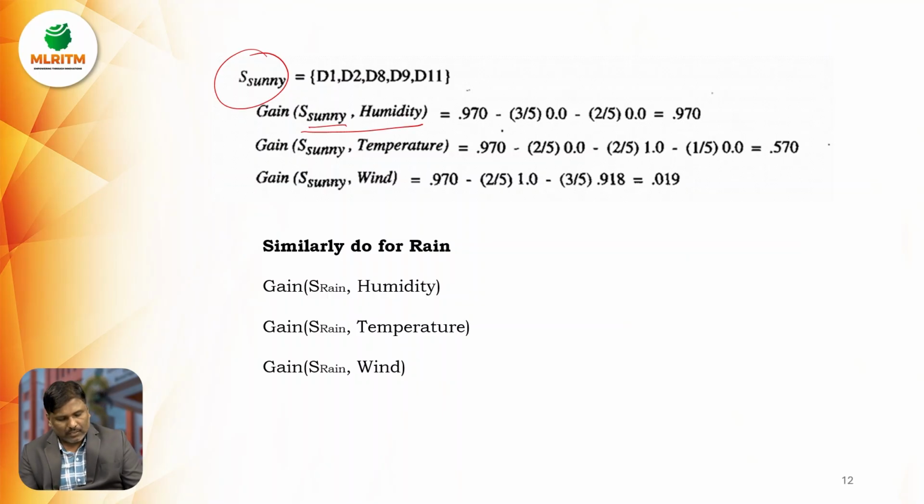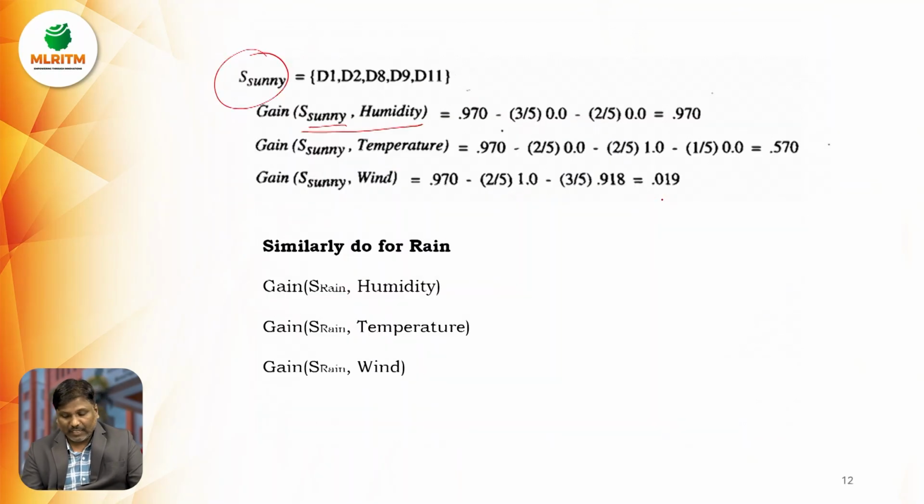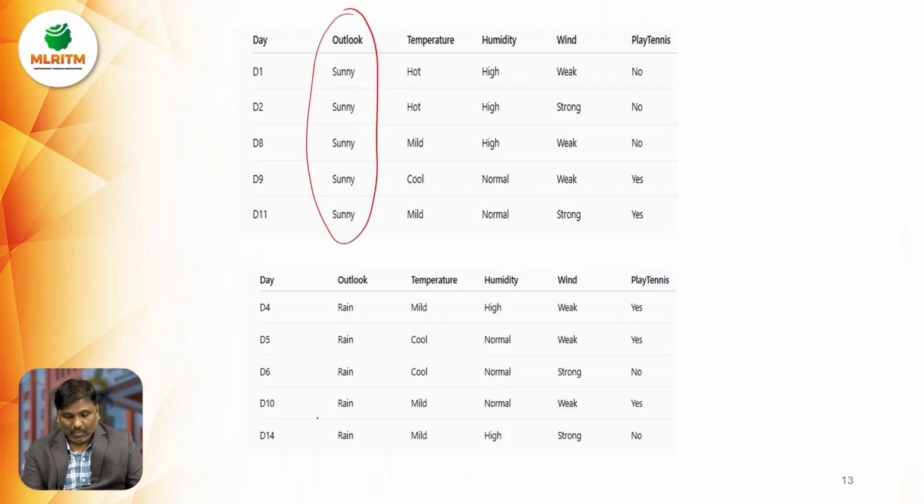Okay, but it takes a huge amount of time. So for that I try to follow some general analysis procedure, and I also have to apply the same procedure for the rain condition: rain humidity, rain temperature, and rain wind. So by analyzing the data set, I move ahead without the calculation part.